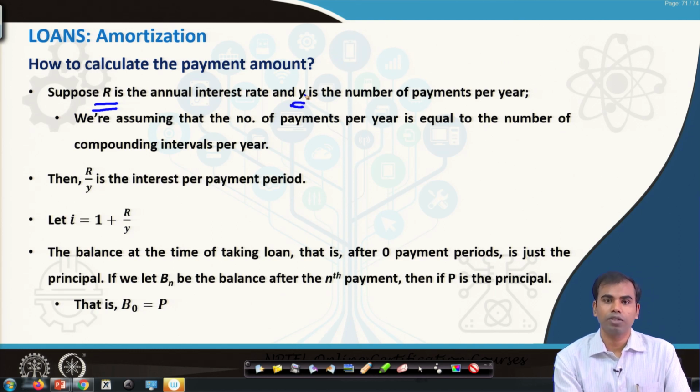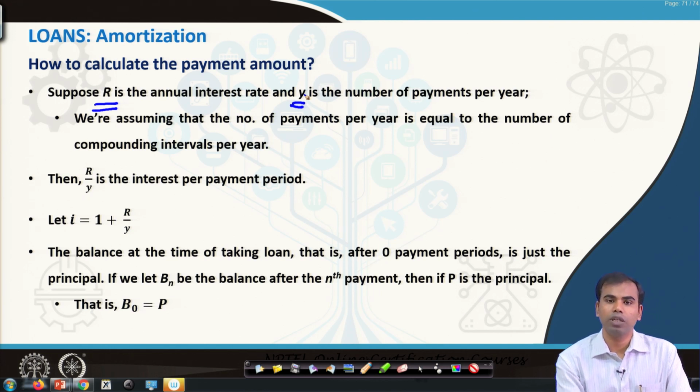Essentially, here we are assuming that the number of payments per year is equal to the number of compounding intervals per year. If you recall, in previous session we discussed that this is the typical feature of any loan repayment terms and conditions, where the number of payments per year would be equal to the number of compounding intervals per year. So, suppose if you have taken a loan that compounds monthly, the number of payments that you will be making will be 12, because the number of compounding intervals is 12 as well.